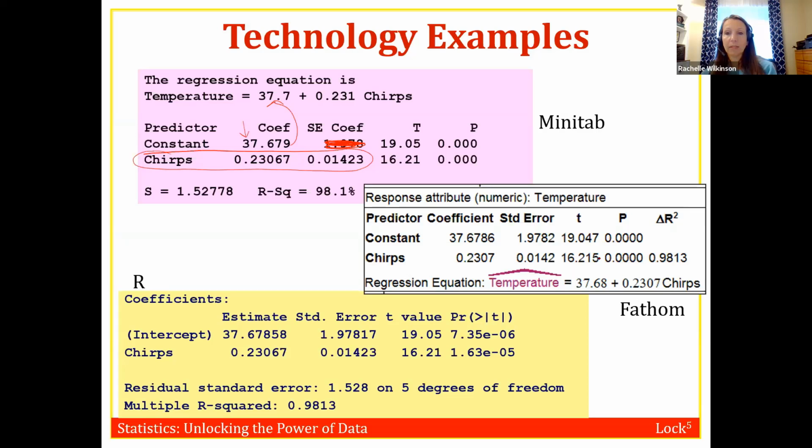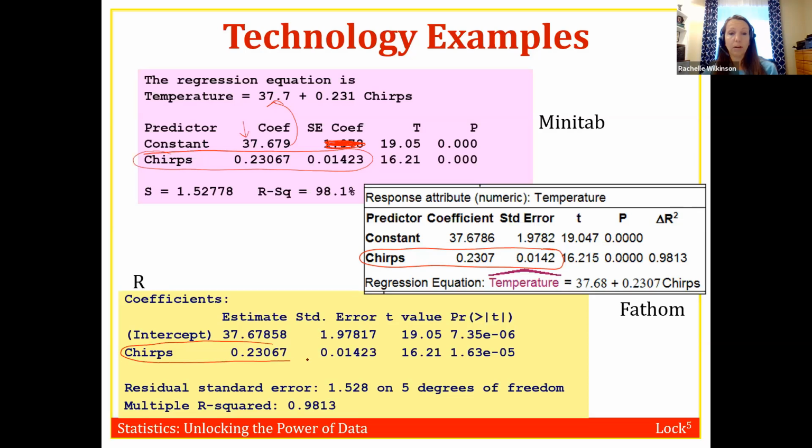And you can see that this other one's from Fathom, and this bottom one is from R. These are all different statistical software packages, and they basically give you all the same things. You just have to know the right place to look. And sometimes they call them slightly different things. So this one says Coef and SE Coef. This one says Coef and standard error. This one says estimate and standard error, but it's all the same stuff.